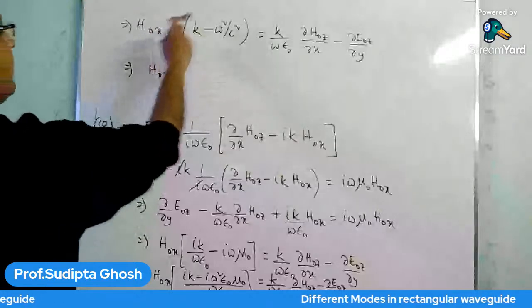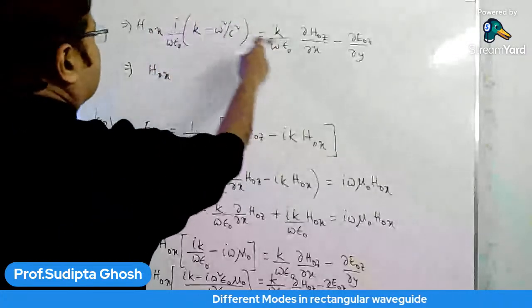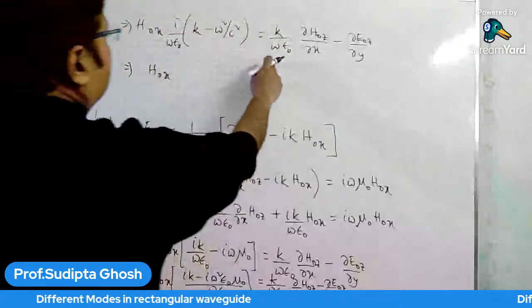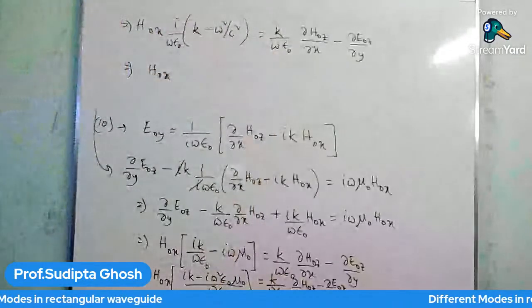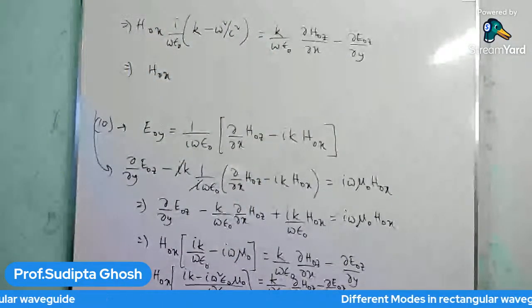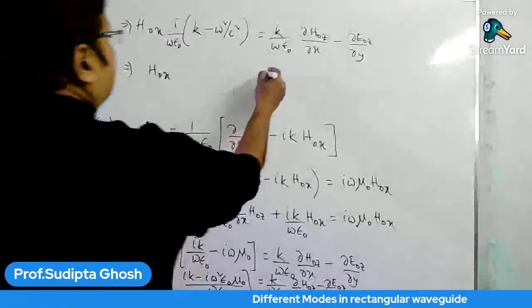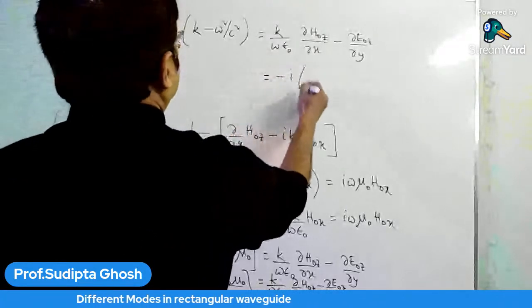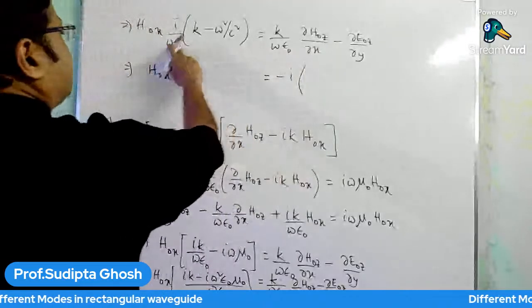Okay, so HOX, and then I am putting this i in the denominator side, and that will be 1 by i. So 1 by i means minus of i. So it will be minus of i, and then omega epsilon 0.